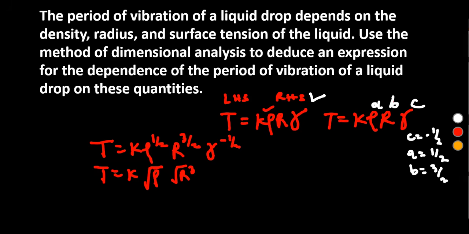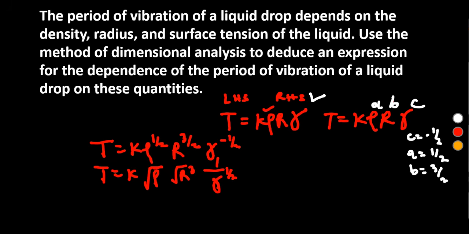So this signifies square root. So this is gamma to the power of minus 1 upon 2. So we can write it as 1 upon gamma, that is the surface tension, sorry, raised to the power of half, in this case, law of indices.